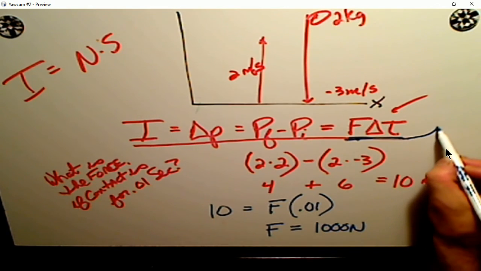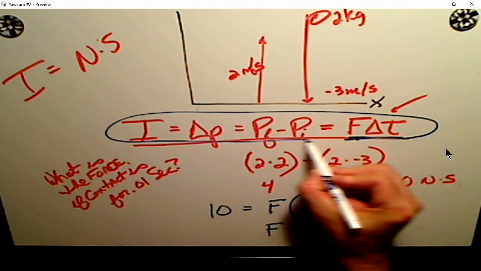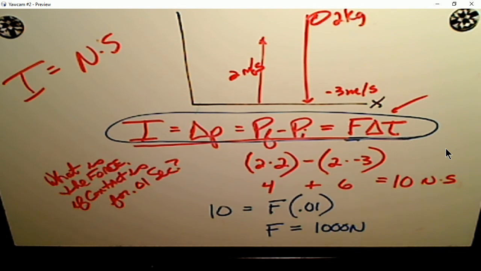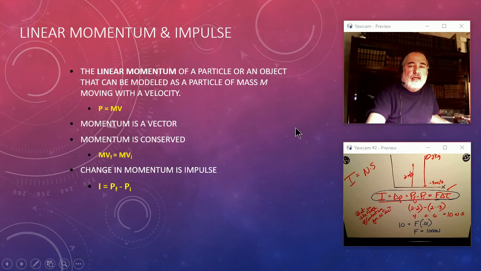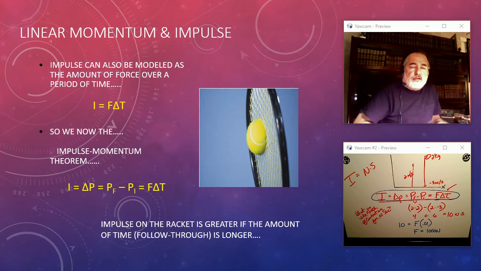So this impulse momentum theorem, particularly in one dimension, again, we're going to be covering this more in 2 dimensions in another topic of collisions coming up soon. As I said, we can model movement for a mass as momentum, and the change in momentum being impulse.